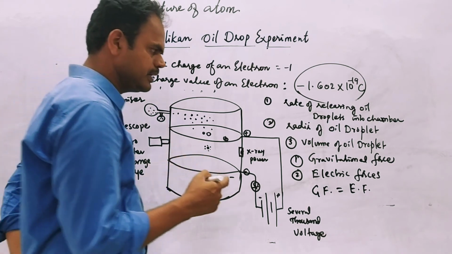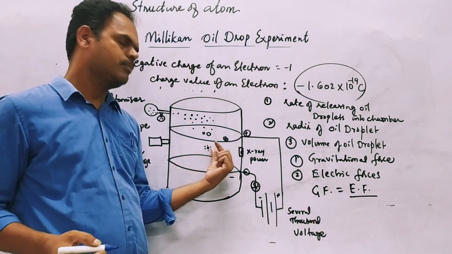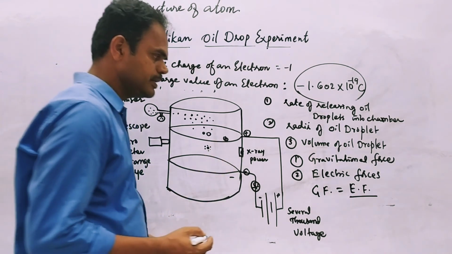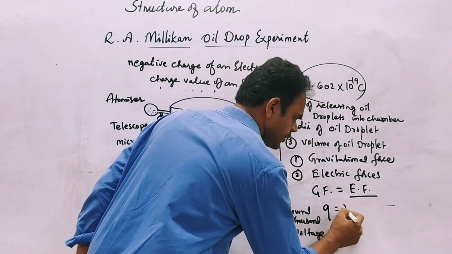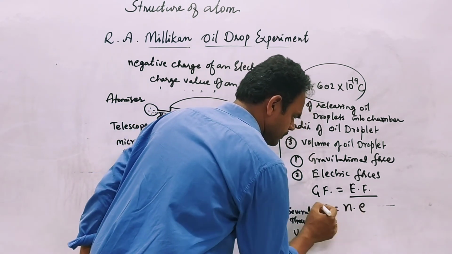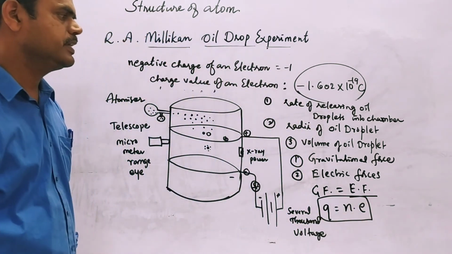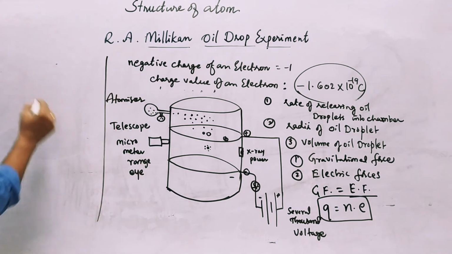At what minimal electric force the oil droplet becomes stationary was calculated by R.A. Millikan. He formulated one equation, Q equal to n into e. What is this Q?